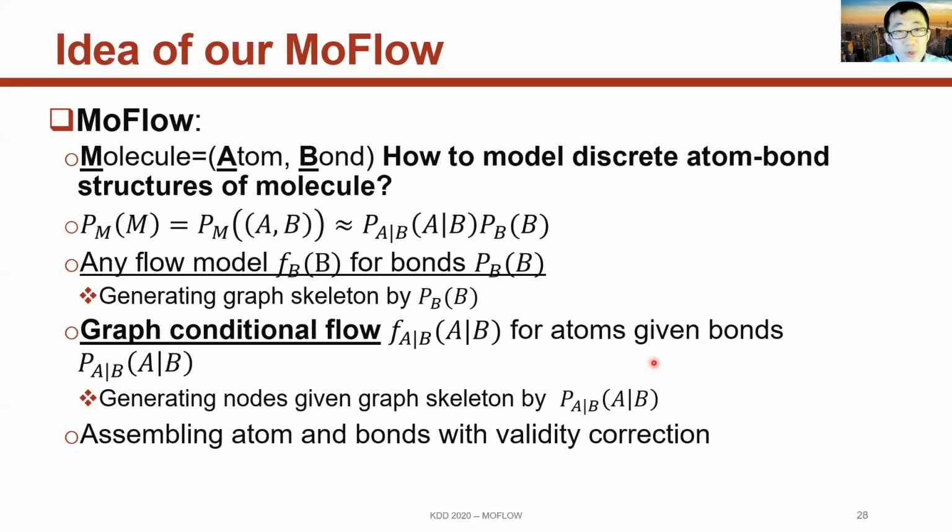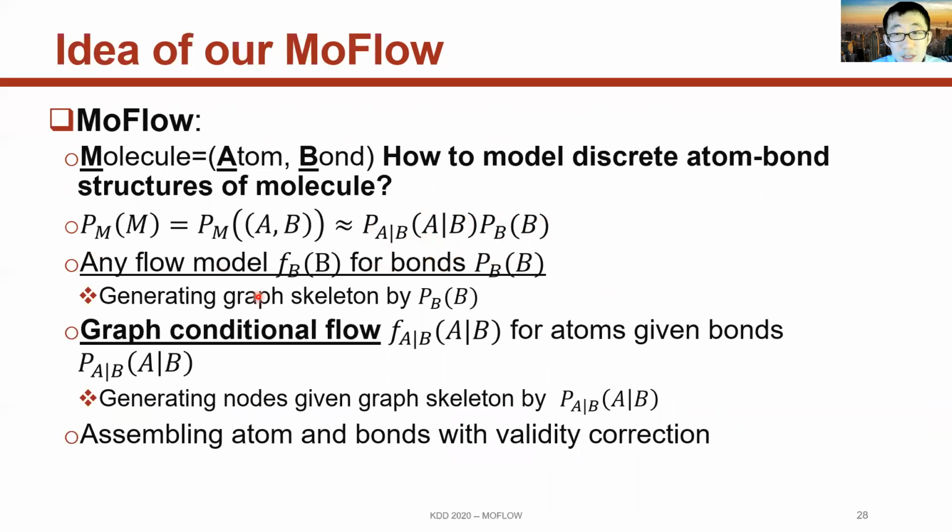In order to capture the discrete atom-bond structures of molecular graphs, we decompose the probability of a molecular graph into two parts: the probability of bonds and the conditional probability of atoms given bonds.